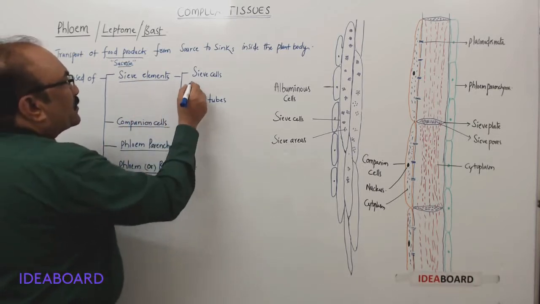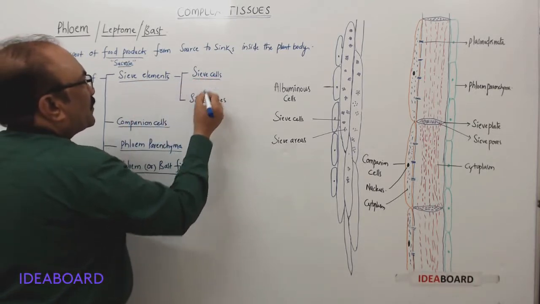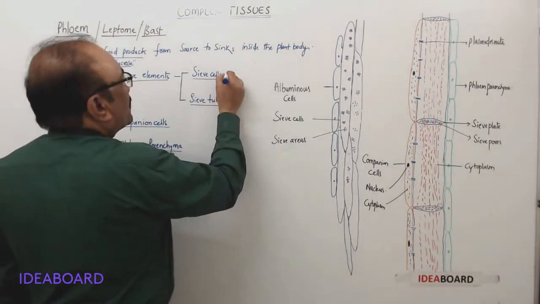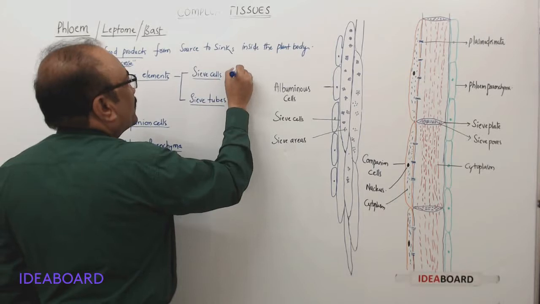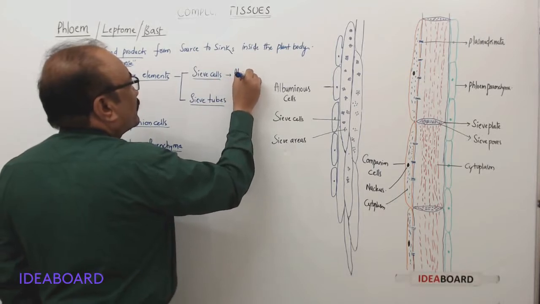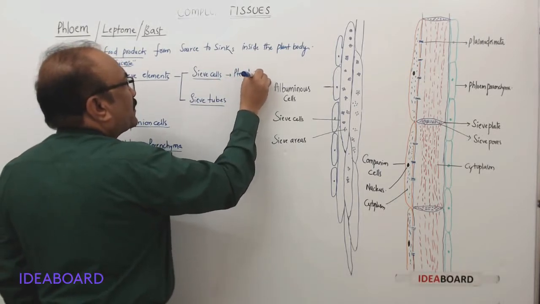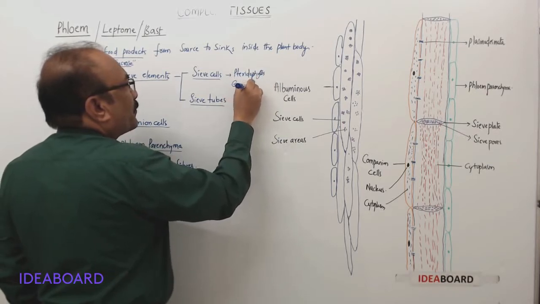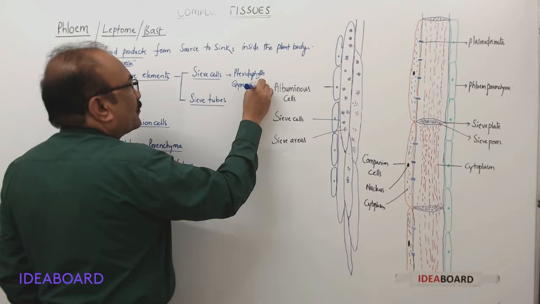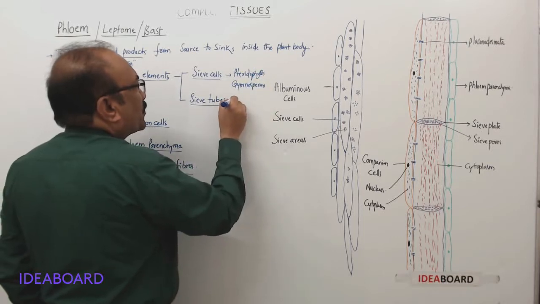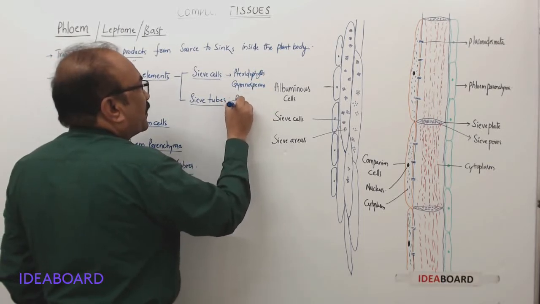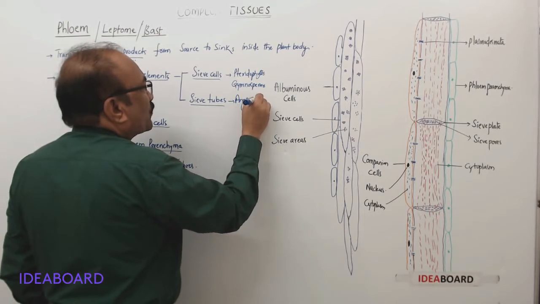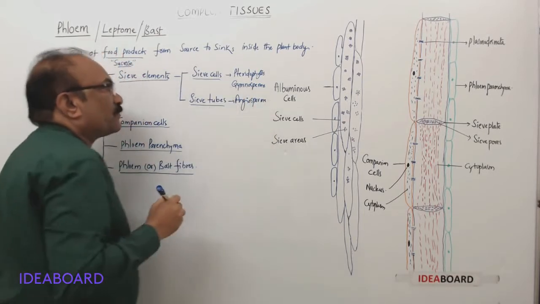Sieve elements are of two types, sieve cells and sieve tubes. You have to remember these. Sieve cells are present in pteridophytes and gymnosperms. Sieve tubes are present in flowering plants, that is angiosperms.